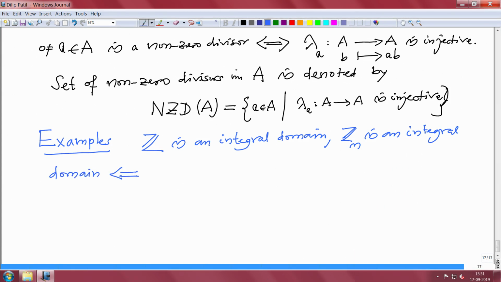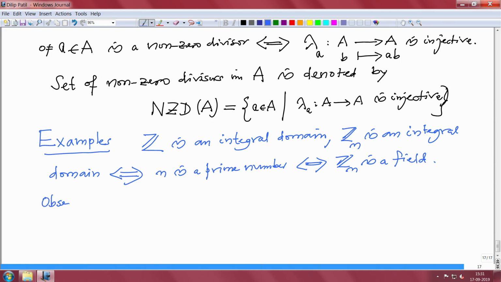If and only if n is a prime number, if and only if Z mod n is a field. That is also clear from the middle one.